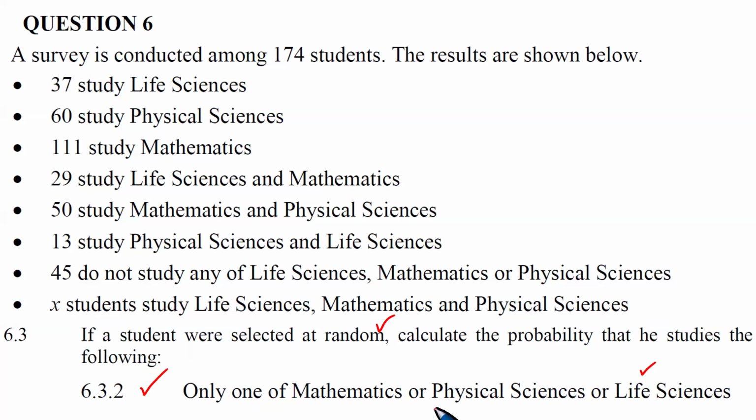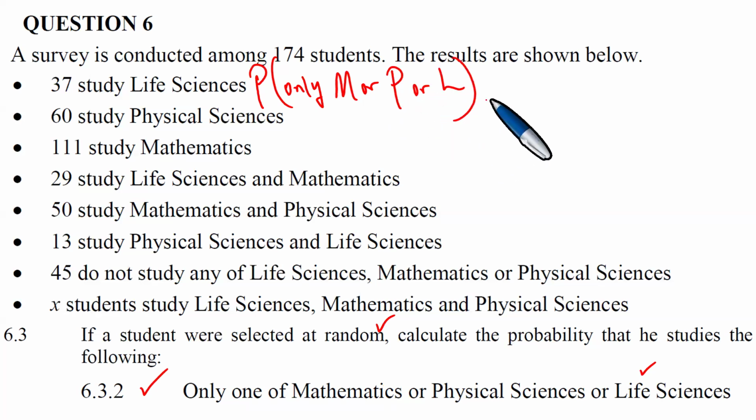So now let us do this. You then calculate the probability of only mathematics, or physical sciences, or life sciences.